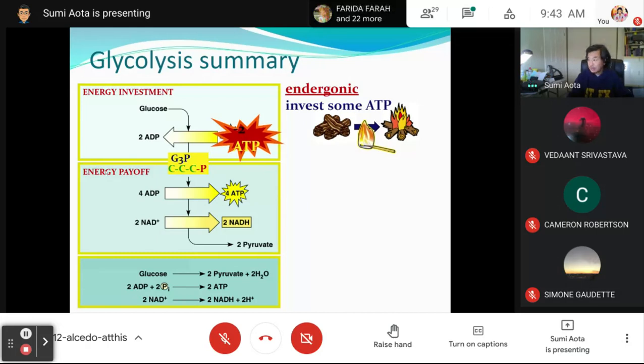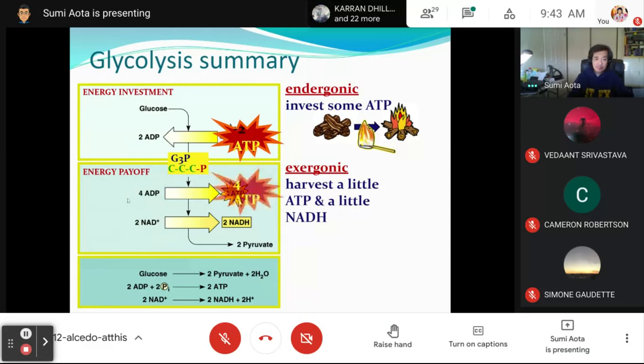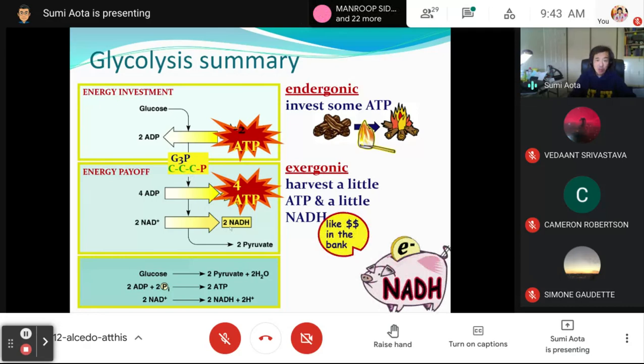Now we get the payoff. The second half of glycolysis is exergonic. We're going to get a little bit of ATP and a little bit of NADH. So we're going to get 4 ATPs coming off of the G3Ps. We will have 2 NADHs, and we're going to end up with 2 pyruvates at the end.